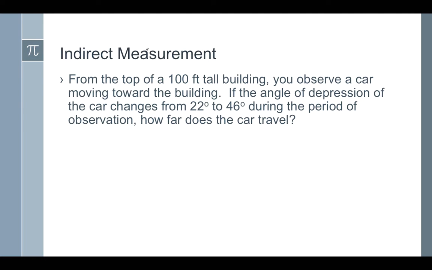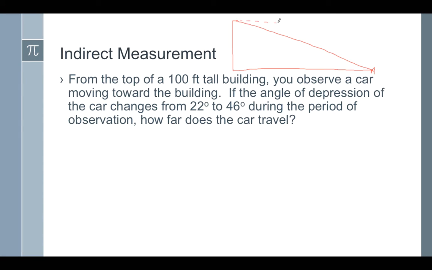Well, as with most word problems, we want to try to figure out a picture of what this represents. So there's your building, and out here is the car at some point in time. And so you've measured the angle.